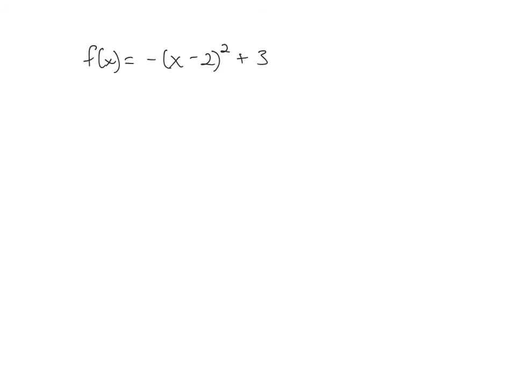So sometimes just a negative sign in the front throws people off. So vertex +2, +3, remember opposite, axis x equals 2.